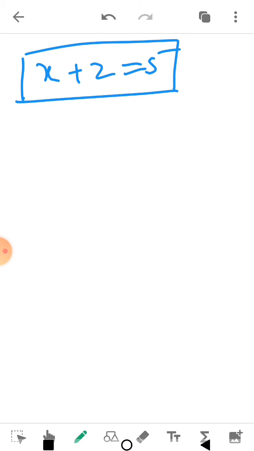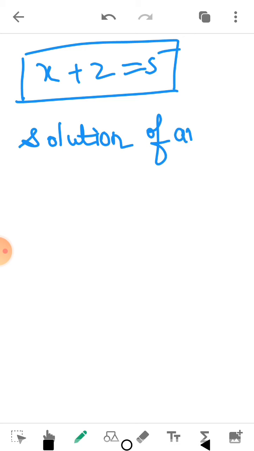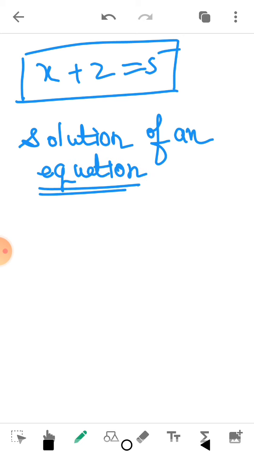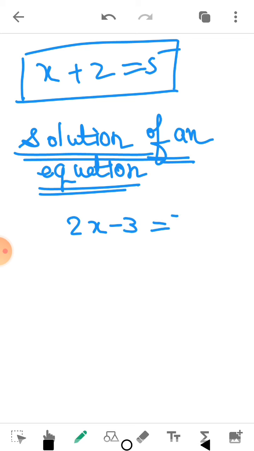Now we shall study the solution of an equation. The question is how can we solve the equation in one variable? Okay. For example, 2x minus 3 is equal to 7.